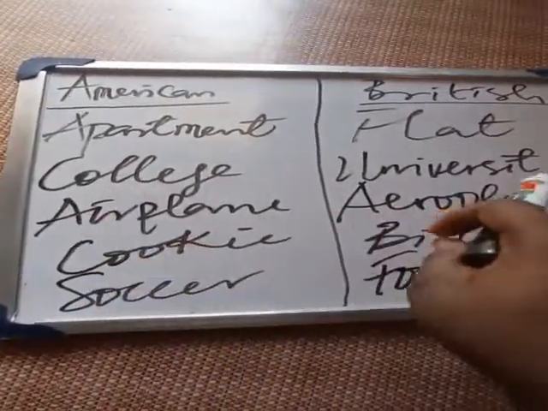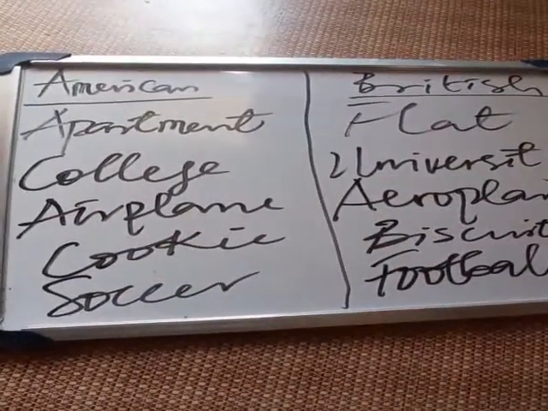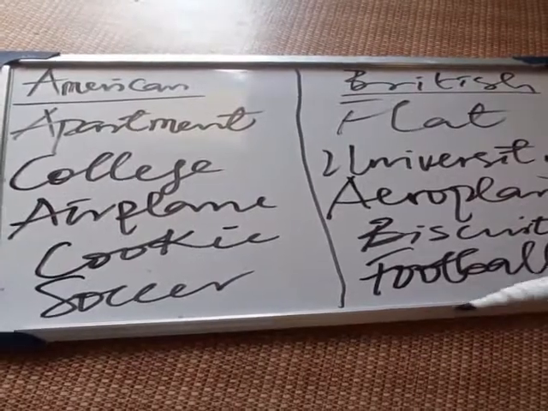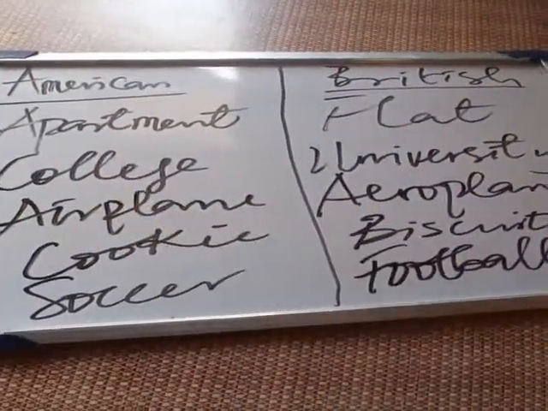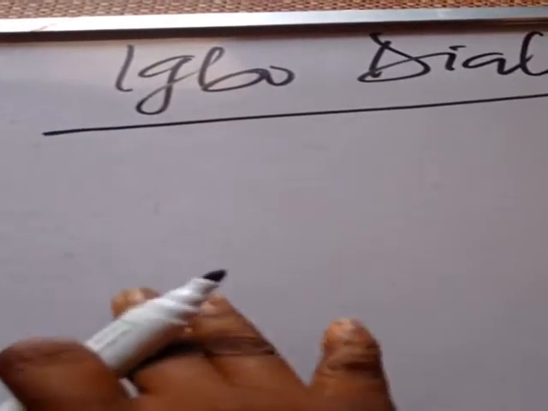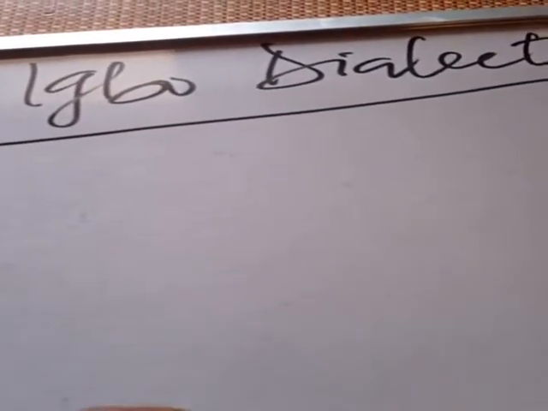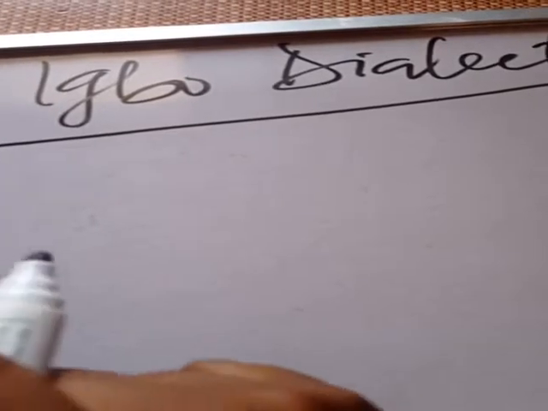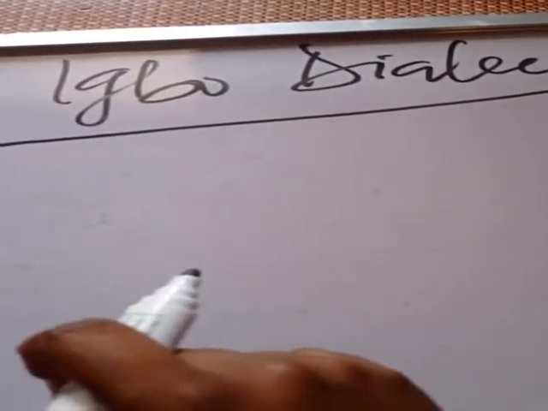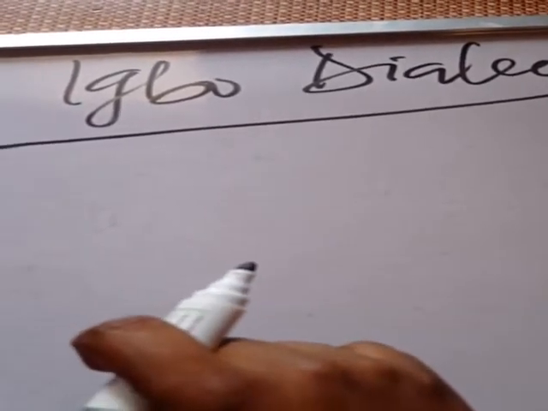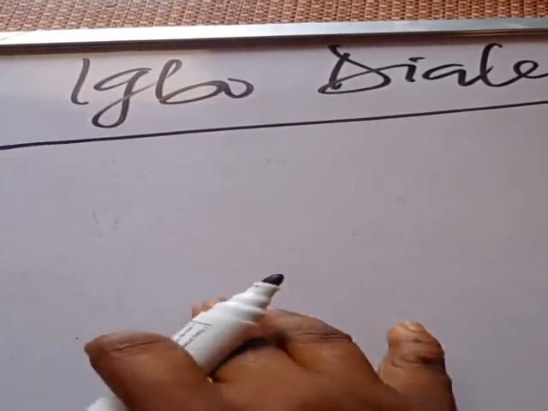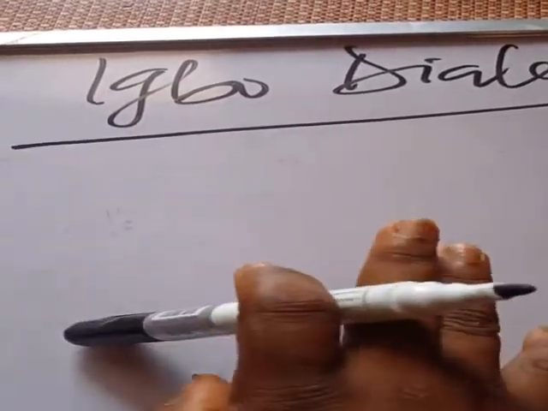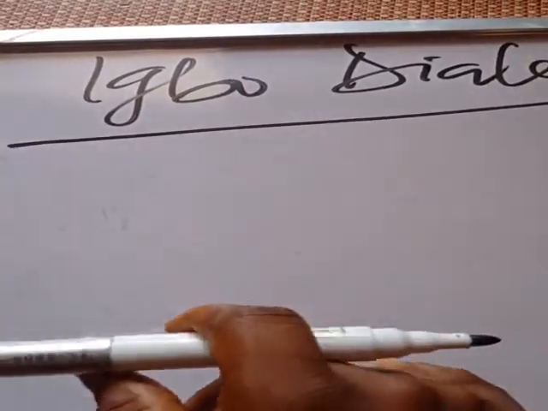There are so many examples of this. This is American dialect, this is British dialect. Now we have other dialects, just like in English. In Igbo land, we have more than 30 recognized dialects.